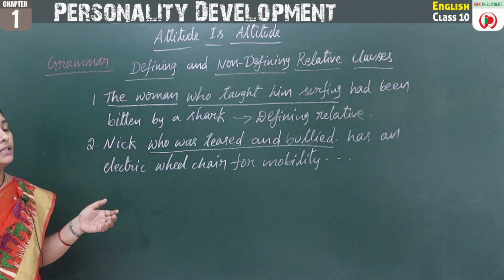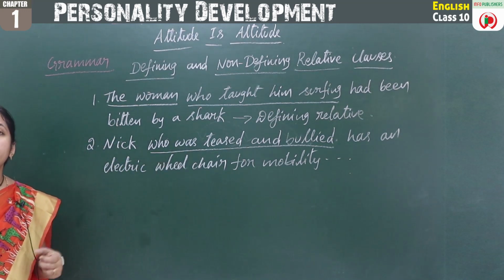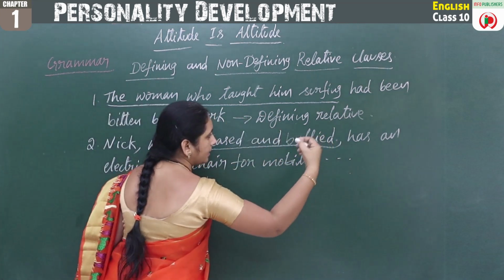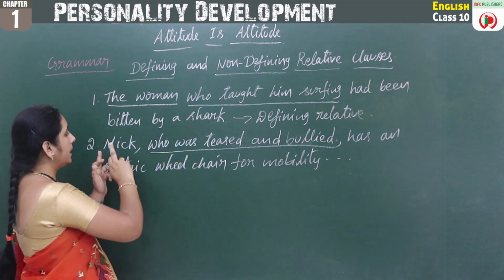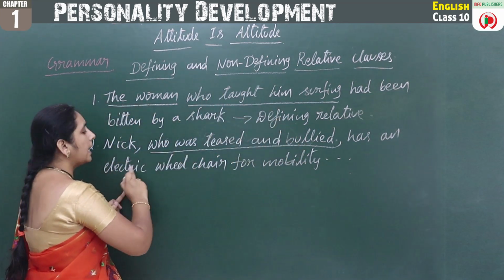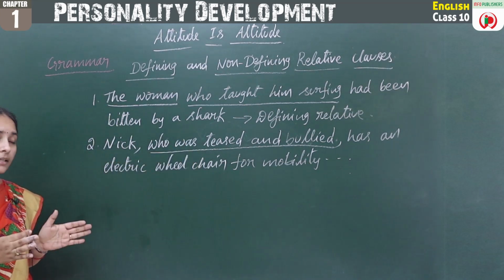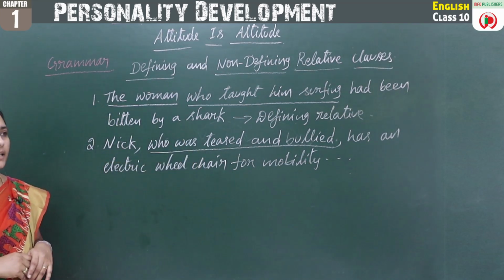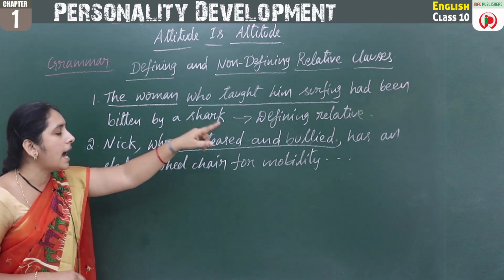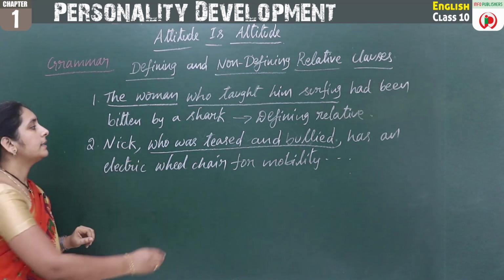Then it is also defining Nick. But here, what did they give? Nick was teased and bullied, and Nick has an electric wheelchair for mobility. So with commas, this applies to this one and that applies to the next one also.